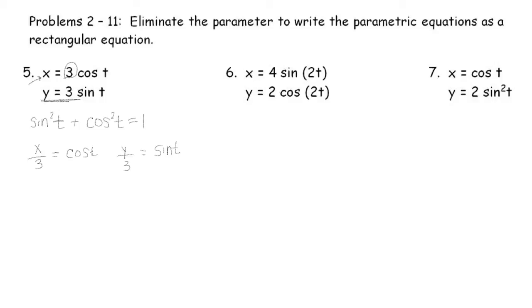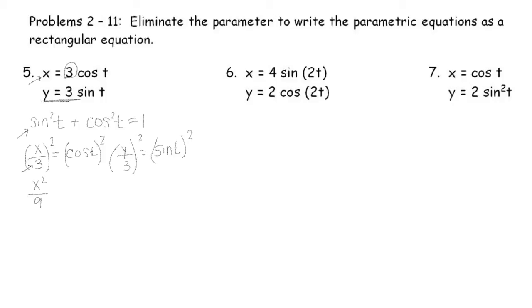And now once I have those simplified as far as I can, then I would go through and square both sides so that I generate a value for cosine squared and sine squared that I can substitute into my trigonometric identity. So once I do that, I have x squared over 9. Don't forget to square the bottom. Everybody does. Try not to forget that.